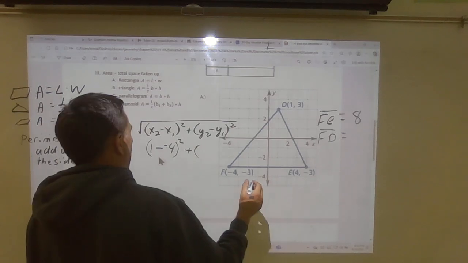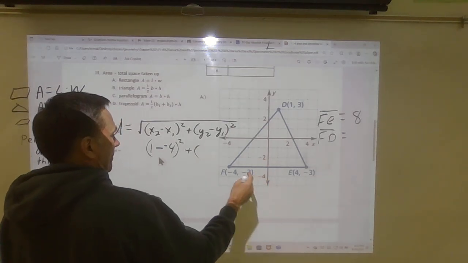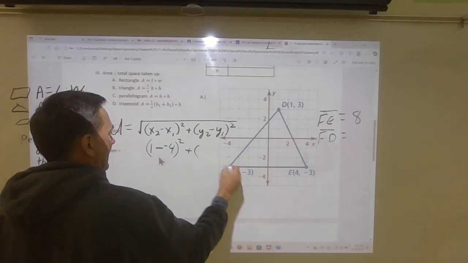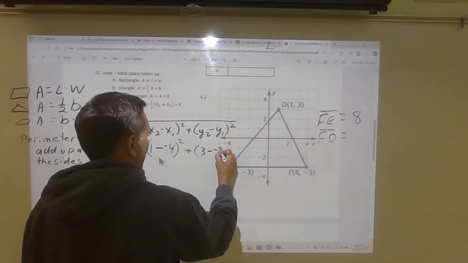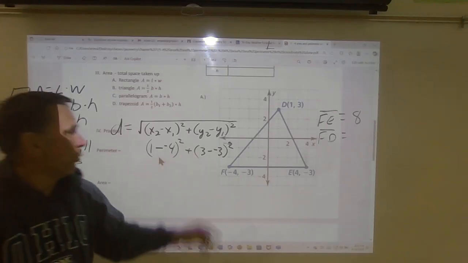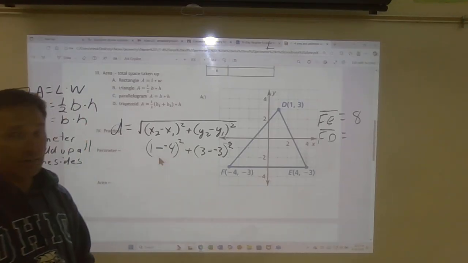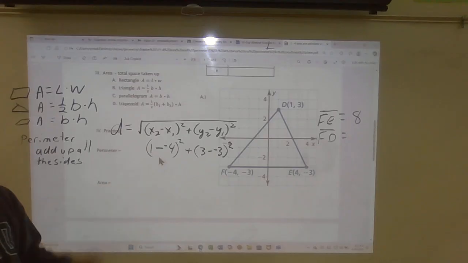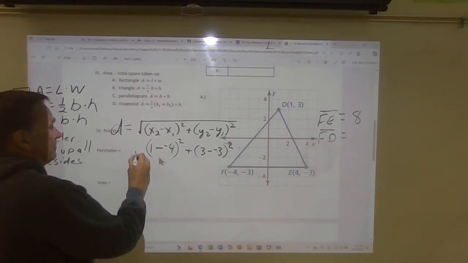Plus 3 minus a negative 3. Now what you consider as point 1 or point 2 does not matter, because when we end up subtracting, by squaring it, it'll make everything positive.